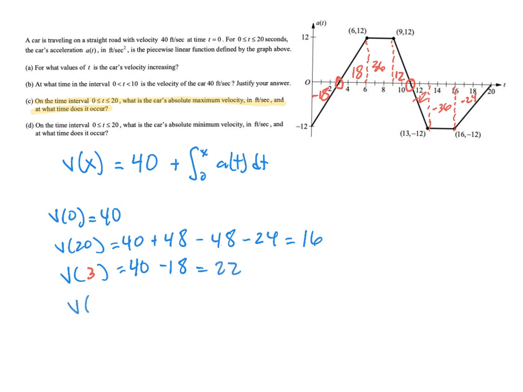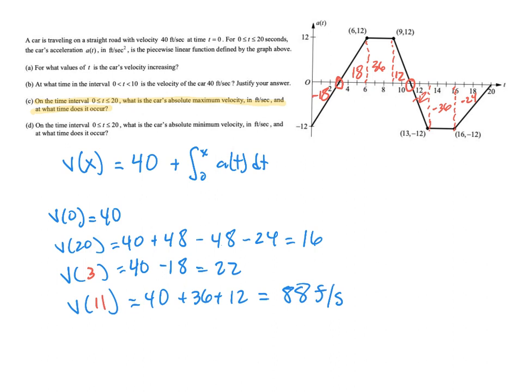And then v of 11, let's see. That's going to be, all the way to 6 is 0. So that's going to be 40. I'm just not going to count the 0. Plus 36 plus 12. That's going to be 88. And that is feet per second. Don't forget, all these are in feet per second.